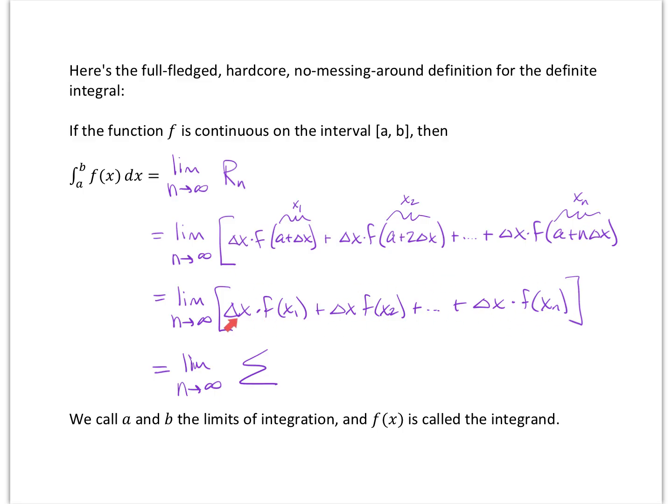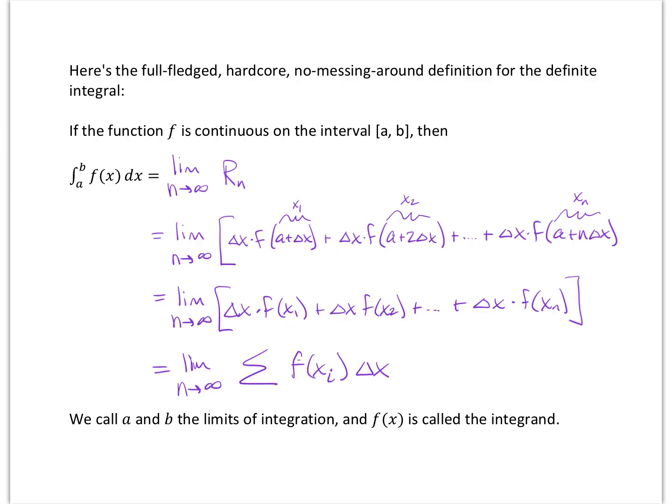Every term in here looks identical except for the subscript on this x, which is changing. So it goes 1 and then 2 and then 3 and it goes up till n. So every single term looks like f of x with a subscript times delta x. Okay, and that subscript starts at 1 and goes until n.